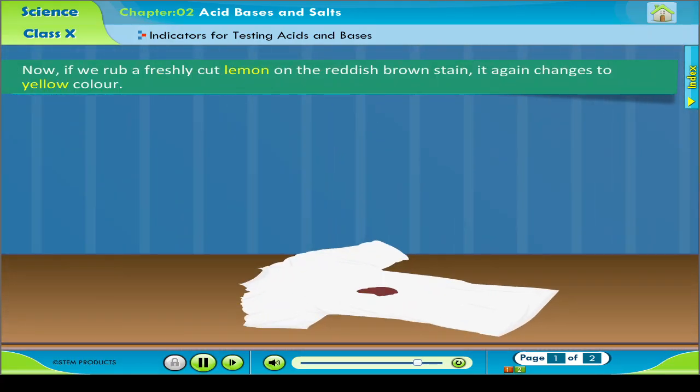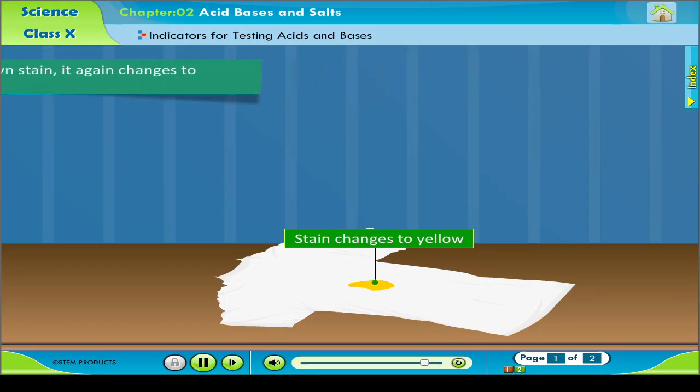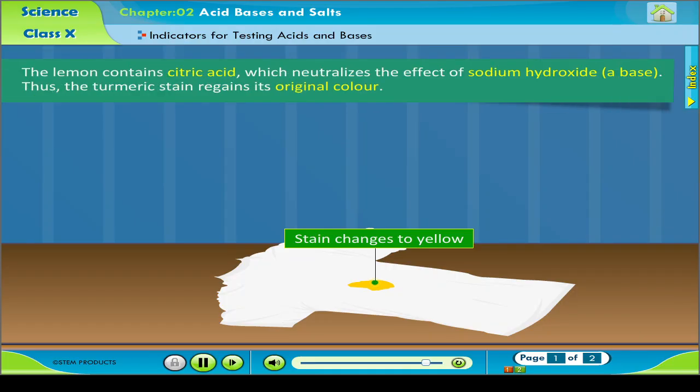Now if we rub a freshly cut lemon on the reddish brown stain, it again changes to yellow color. The lemon contains citric acid which neutralizes the effect of sodium hydroxide, a base. Thus the turmeric stain regains its original color.